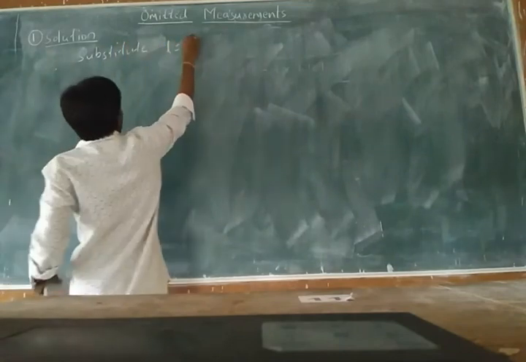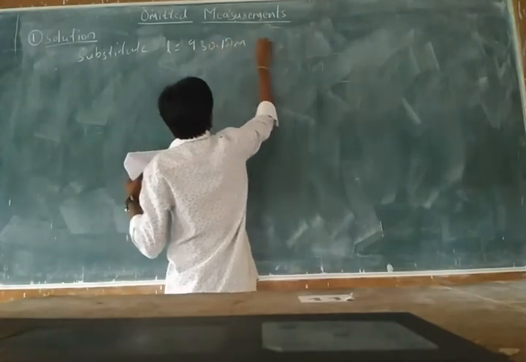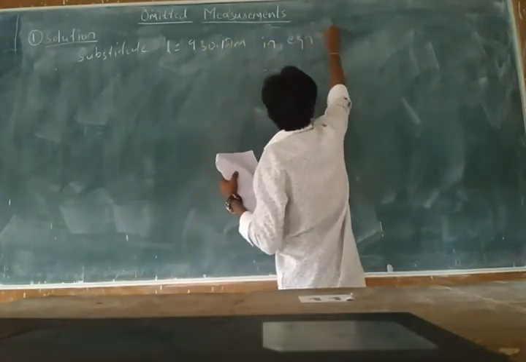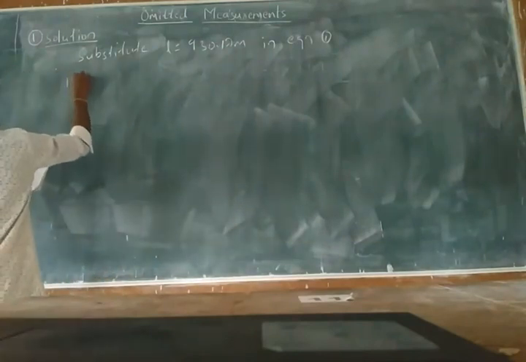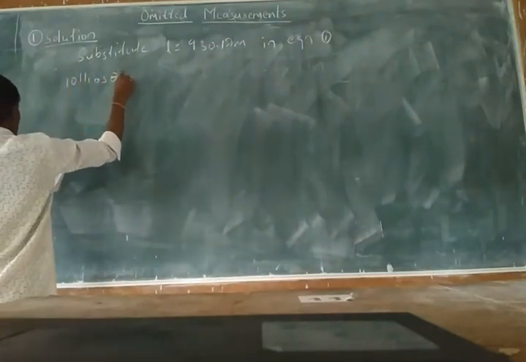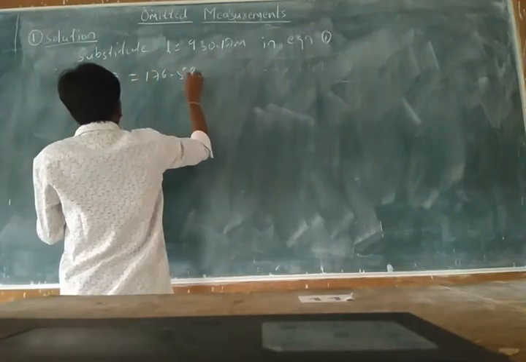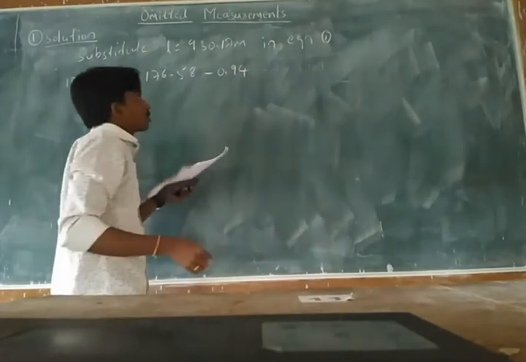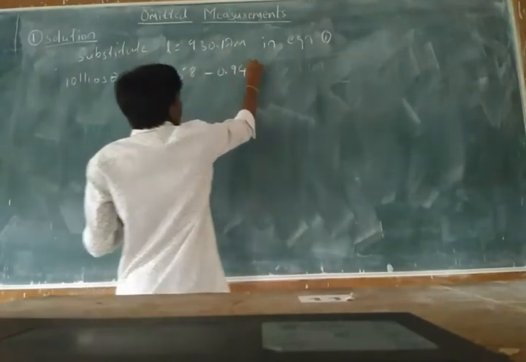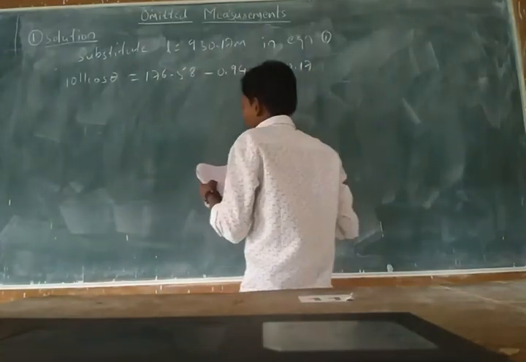Substitute L is equal to 930.17 meter in equation 1. Equation 1 is 1011 cos theta is equal to 176.58 minus 0.94 L. So here you know the L value, that is 930.17.